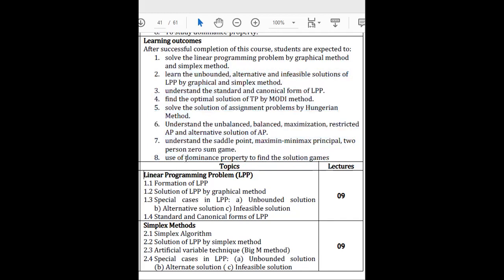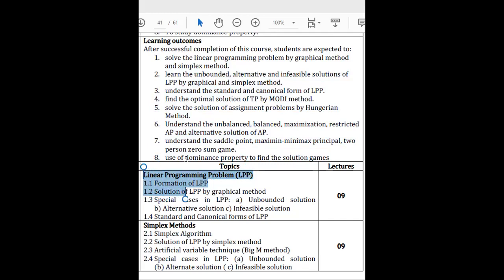So the first chapter is linear programming problem. There is one topic, one article, formation of linear programming problem.